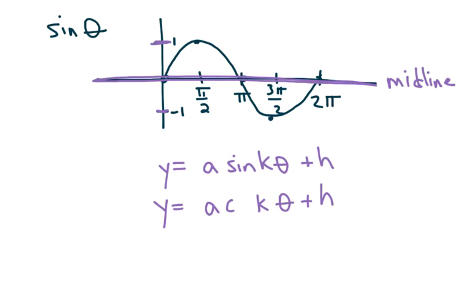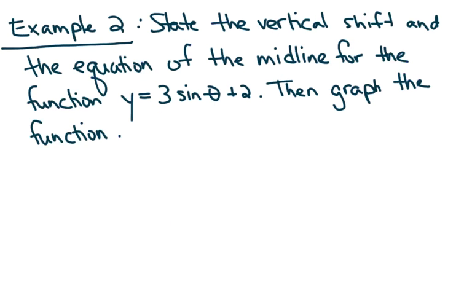Sorry, that should be cosine. That's the number that moves the graph up or down. So now let's talk about moving the graph up and down, because it's not going to change the amplitude, but it's going to change where the maximum and minimum are.